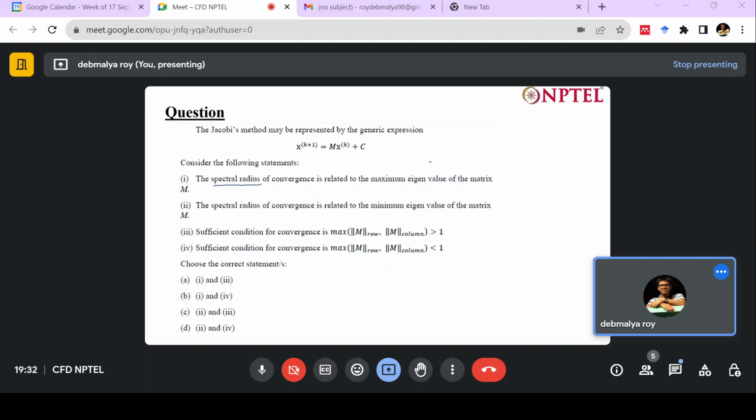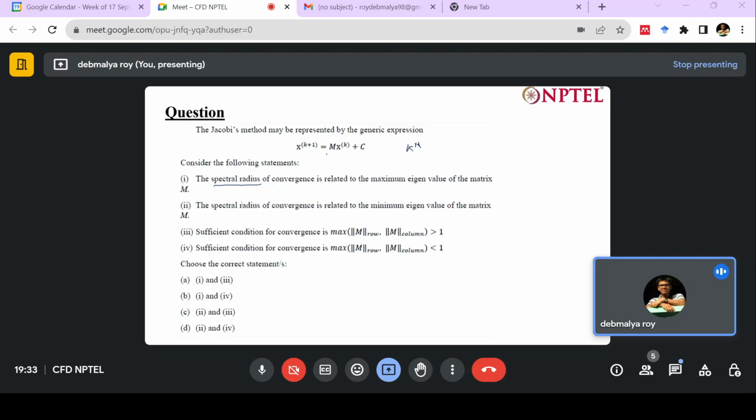To find that out, we have to find the eigenvalues. So let's say we are using this particular iterative scheme, and we want this to converge at some kth iteration.